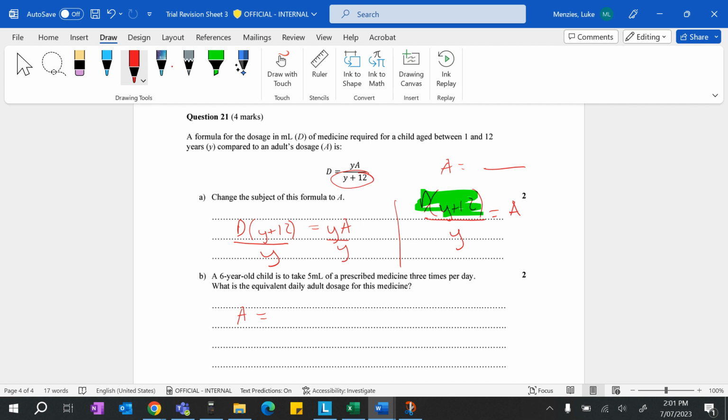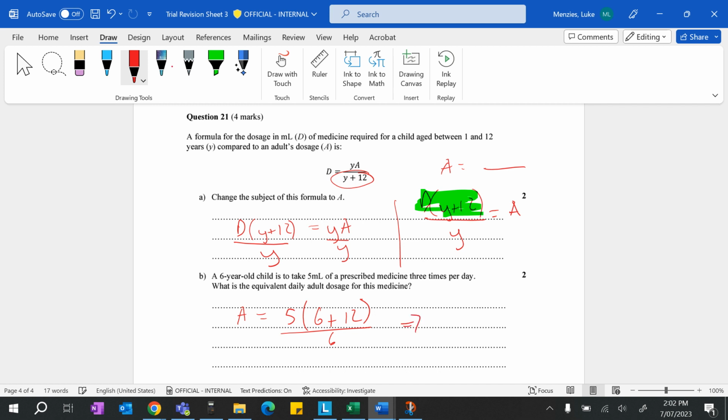So the dosage, we're going to say 5 bracket, and our years, how old are we? 6. 6 plus 12 over our years again, which is 6.